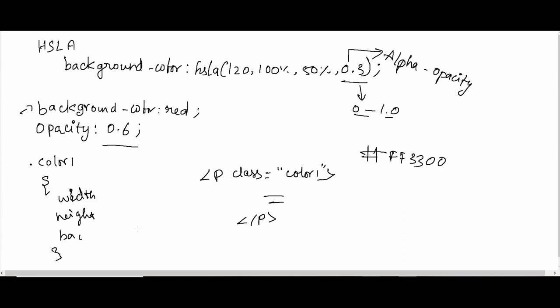So just for visiting this concept the first time, you will see this is very simple, and you might have doubts like why so many kinds of color formats. But the thing is, we are going to decorate a website or a form or a page which is going to be visited by people all over the world, right? So the selection and applying of colors should be very attractive, and it should be very unique.